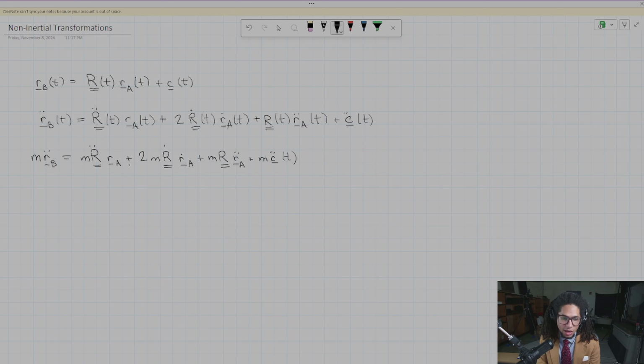Now, I'm going to give what I hope is a reasonable explanation for why we don't need to deal with this term at this point. The answer is that we can always deal with transformations in two steps. In the first step, we transform to a reference frame which is just rotating and isn't changing the position of the origin.